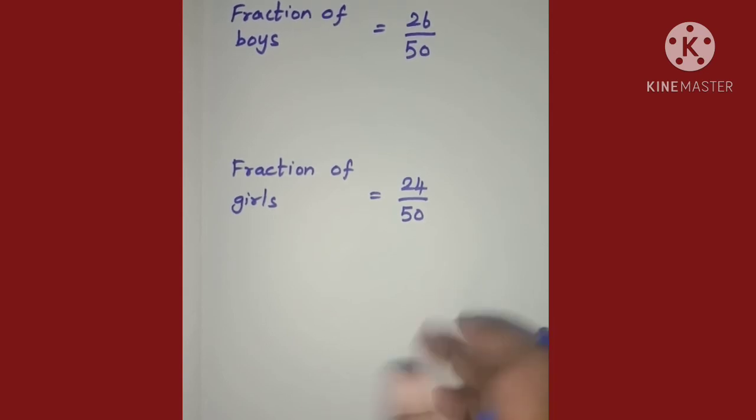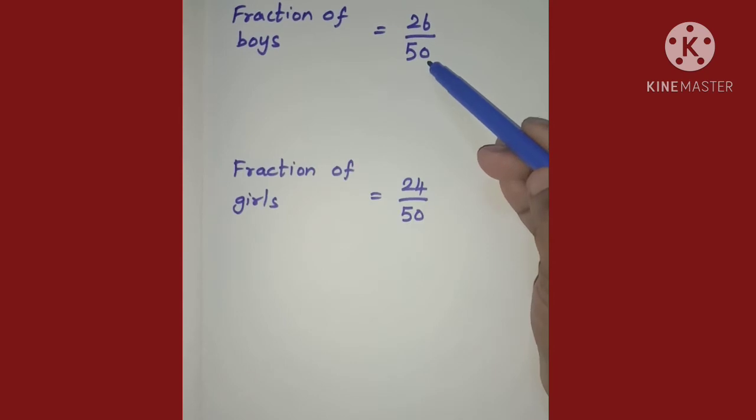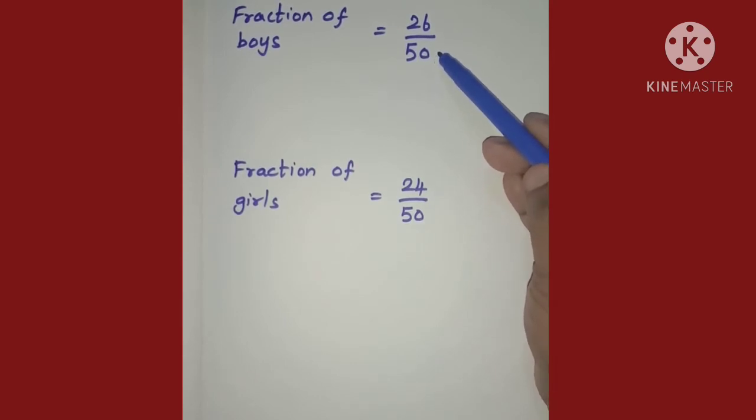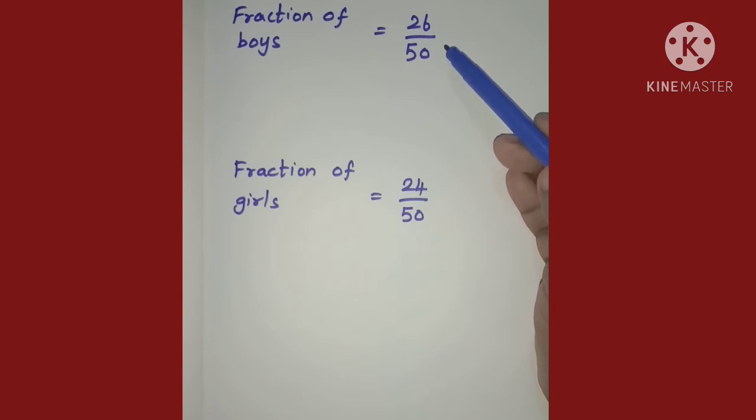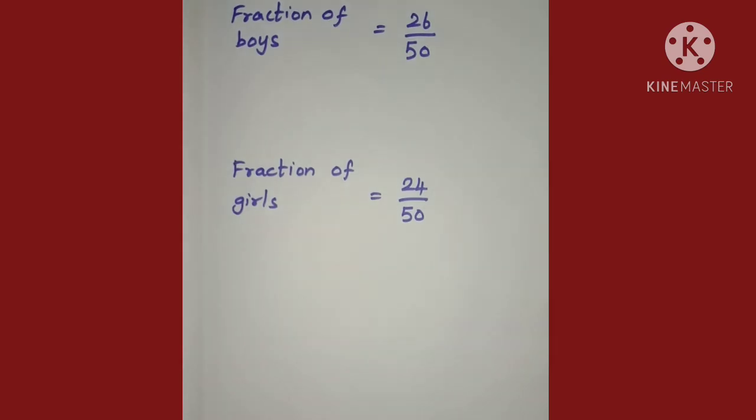So, here we have to change 50 to a multiple of 10. We can multiply and divide the numerator and denominator by 2. We get the fraction with the denominator 100, isn't it?